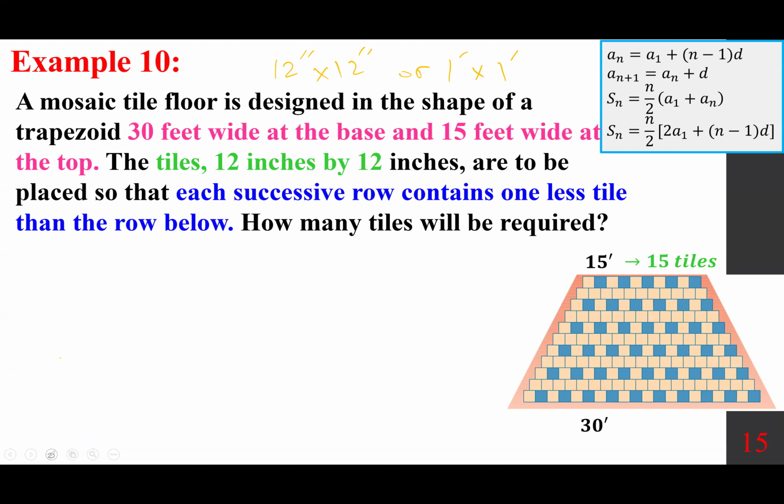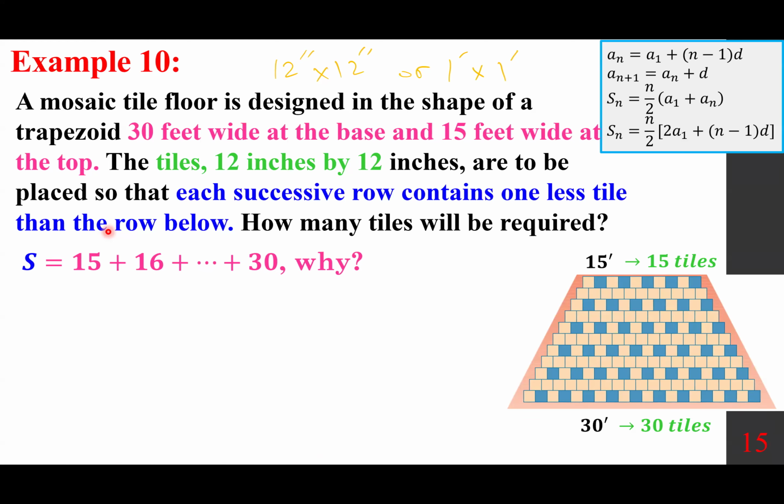That's the meaning of it. So how many down there? 30 tiles, which means now that we have 15, the next one must have 16, 17, 18, 19, all the way to 30, because each successive row contains one less tile than the row below. So the row below has one more, which means we can treat this as an arithmetic sequence.